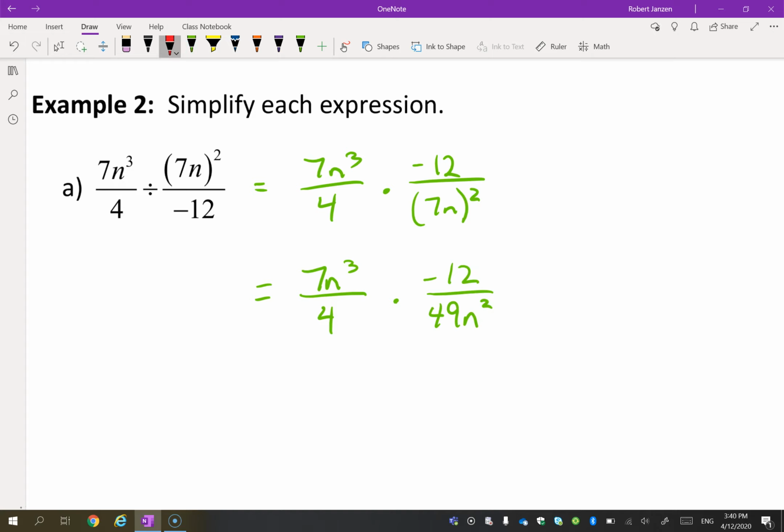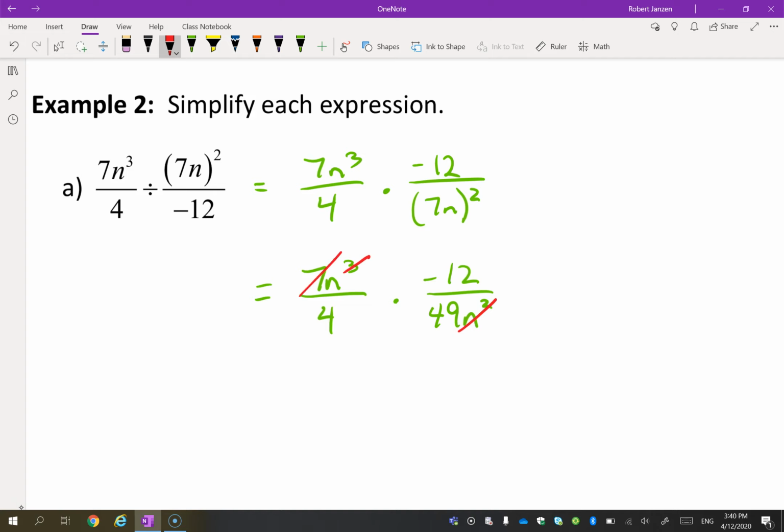Now let's see what we can simplify. Well, I see n cubed here, n squared here. What is n cubed divided by n squared? It's n. If I cancel out the n squared here, I cancel out the n squared there, I'm left with n. Anything else?